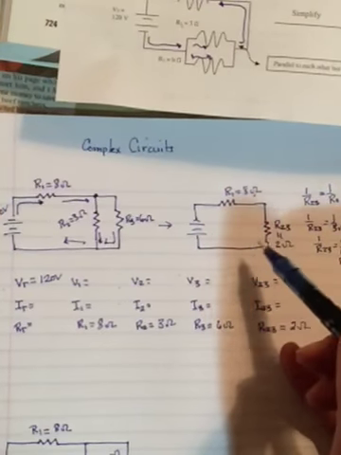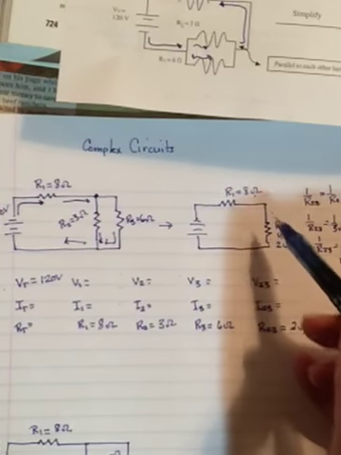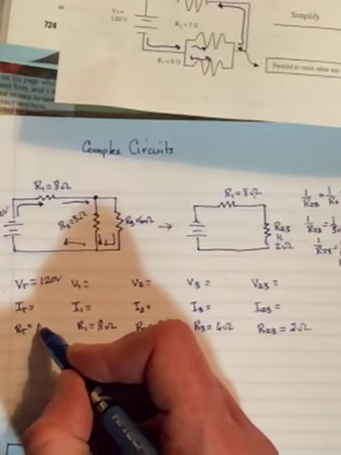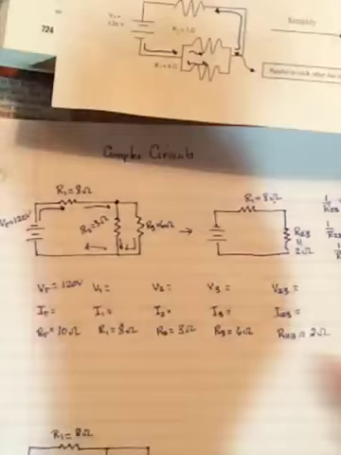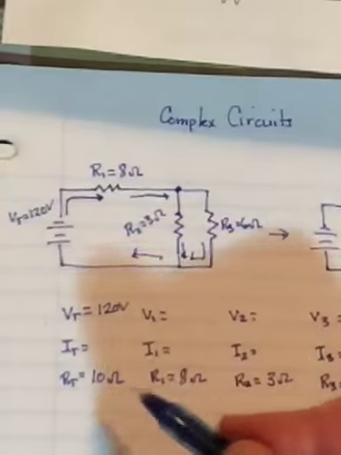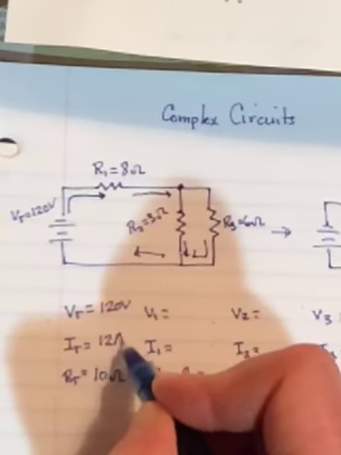What's in series is what you have here in your last diagram, R1 and R23. So you add those. 2 ohms and 8 ohms gives you 10 ohms, and we put that in our total. Now that you have our total, we can find I total: 120 divided by 10, 12 amps.